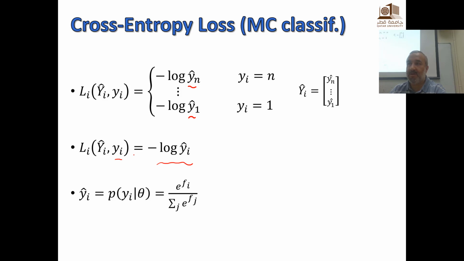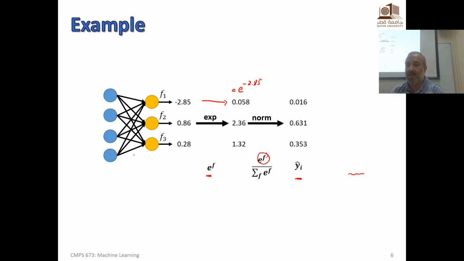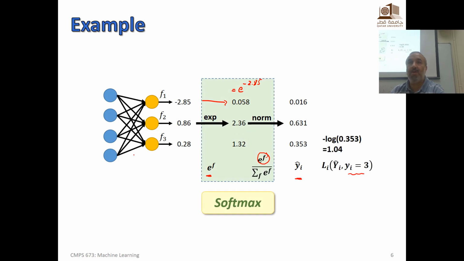Any other questions? Is it clear how we computed the loss? So what do we need to compute the loss? No, before we apply the softmax function, we have to do something else.